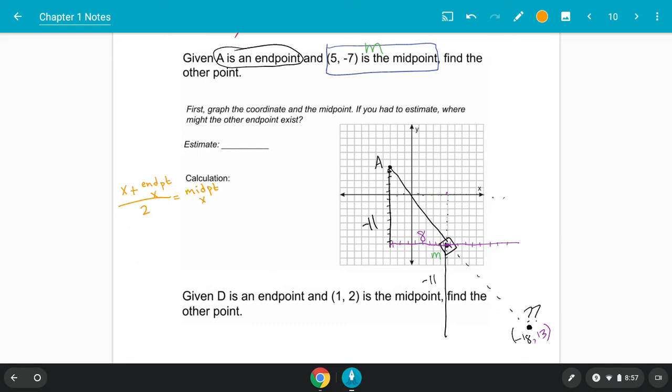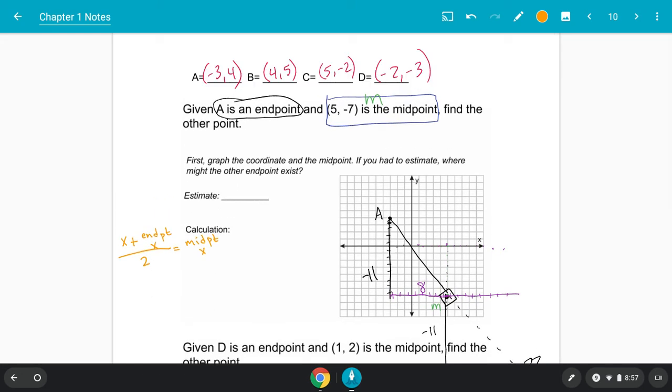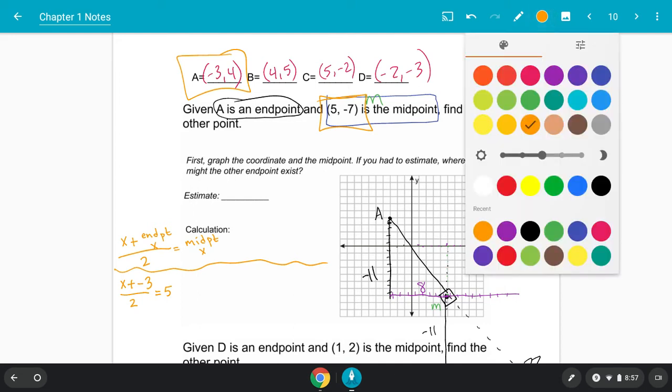So what that would look like is the x from A is -3, divided by 2. And the midpoint x is 5. So this would be how you set the formula up. To solve, you need to do some algebra.